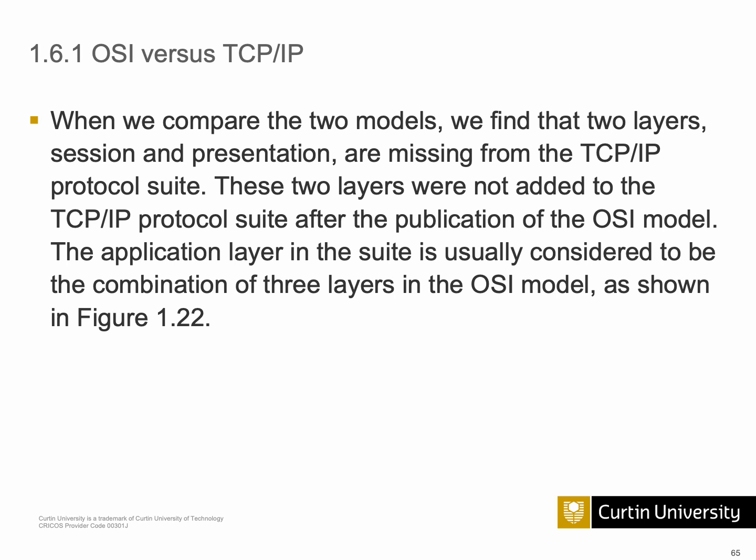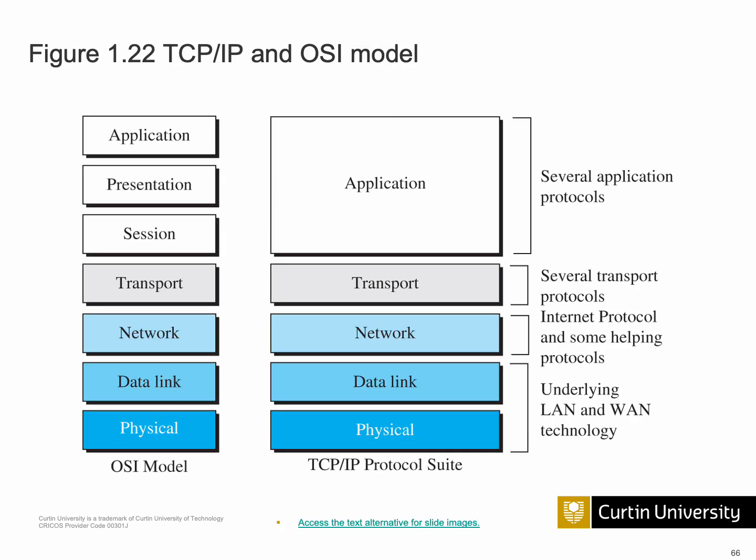Since we now looked at OSI and also TCP/IP models, we need to compare the two models. In this figure, you can see both the OSI and the TCP/IP model. So when we compare the two models, we can see that two layers, session and presentation, are not there in the TCP/IP protocol suite.